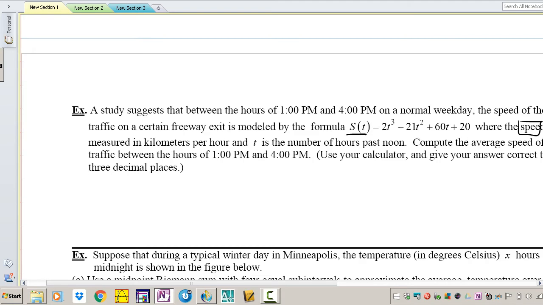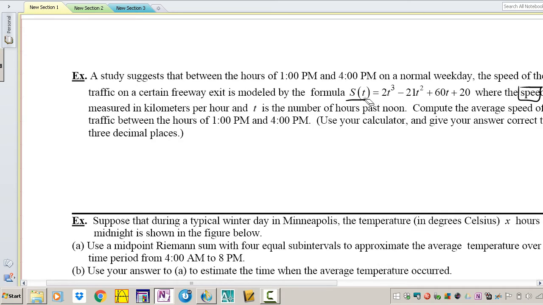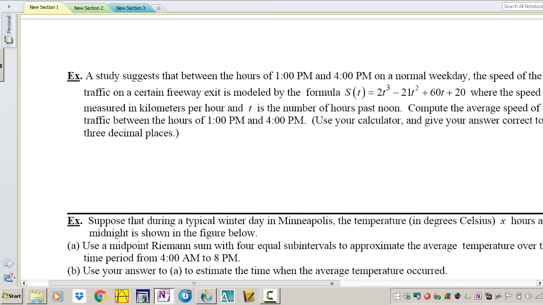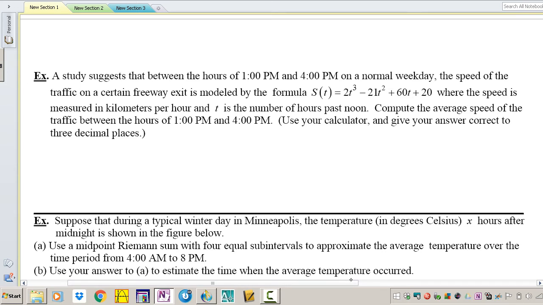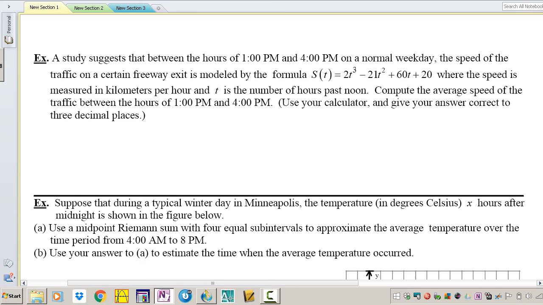So let's go ahead and move on to the applications of average value. Starting with the first example from the next page, a study suggests that between the hours of 1 p.m. and 4 p.m. on a normal weekday, the speed of the traffic on a certain freeway exit is modeled by the function s of t, where s is measured in kilometers per hour and t is measured in hours past noon.